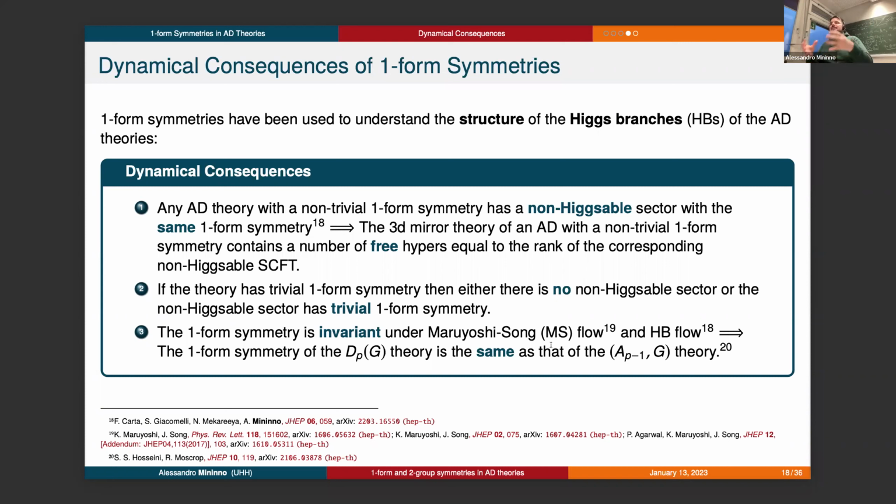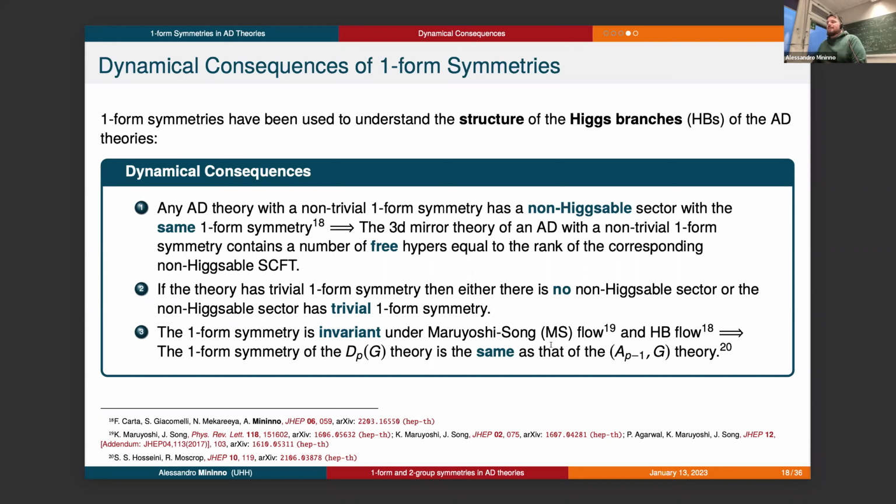If you then study the 3D mirror of this Argyres-Douglas theory, you know that there will be a sector given by free hypers, equal in number to the rank of the corresponding non-Higgsable SCFT, and these free hypers may be subjected to a gauging of this one-form symmetry. At the same time, if the theory has a trivial one-form symmetry, then either there is no non-Higgsable sector, or the non-Higgsable sector has by itself a trivial one-form symmetry.